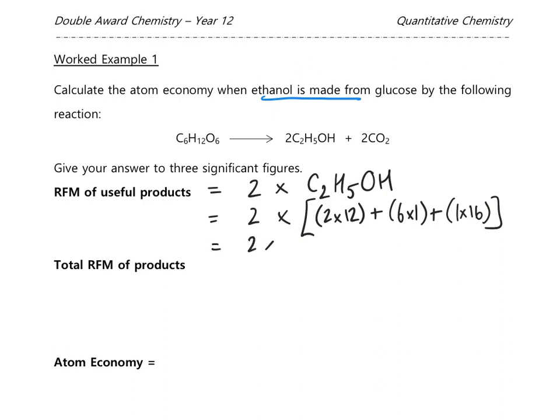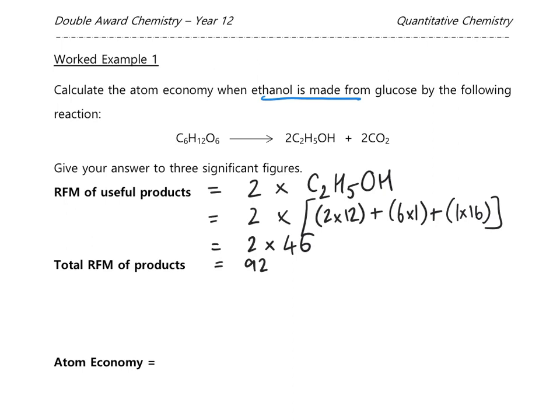So what's the relative formula mass of ethanol as such? Ignore the 2 times that, just what's in the square bracket. Yeah, 46. So 2 times 46, which is then 92. So let me be clear, the RFM of ethanol is 46, but I have 2 ethanols, so I need to multiply it by 2.